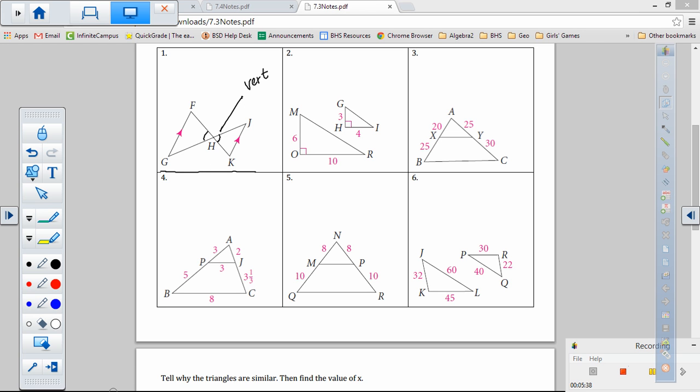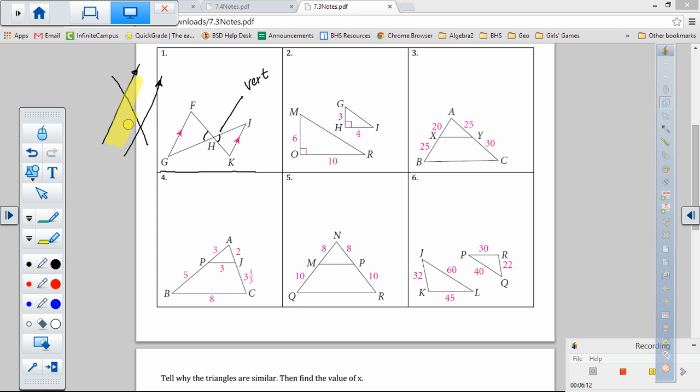Okay? The other thing that you know, and we haven't talked about this in a very long time, is that we have two parallel lines here. And anytime you have two lines that are parallel, and you know they are because they put these little triangular symbols on them to tell you that they're parallel to each other, and then you take another line and you cross it. So right now I'm talking about this line and this line being parallel, and this is the line that's crossing it. What happens is you end up with what's called alternate interior angles.